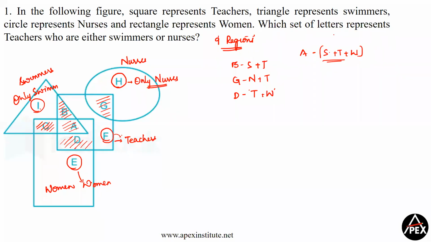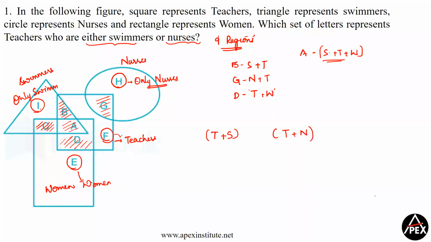Now, which set of letters represents teachers who are either swimmers or nurses? We need to determine those regions which represent teachers who are swimmers, and teachers who are nurses. The region common to teachers and swimmers, the region common to teachers and nurses.